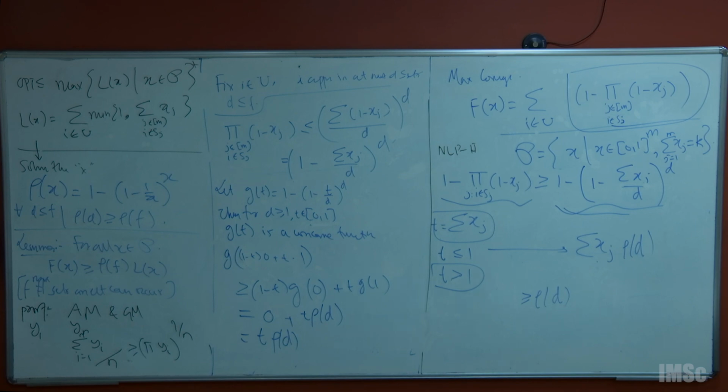Which is fine, right? Why is it fine? Because look, suppose I have some a by d, and I want to show that 1 minus a by d to the power d is less than or equal to 1 minus 1 by d to the power d, right?